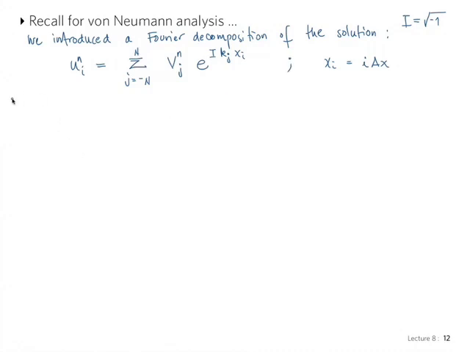A single harmonic is a particular choice of that value k, and so it is u at n and i. Let's write k here to indicate that's a particular choice of k, and it has an amplitude V^n and e^(I k x_i), and let me write now I delta x.